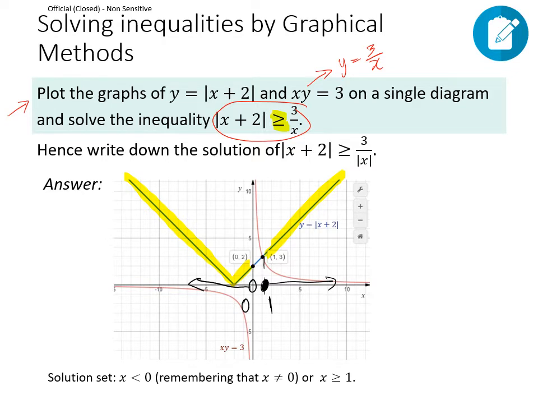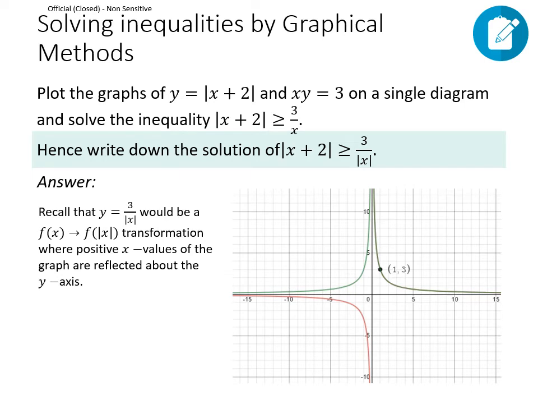So we also have to take note that because this involves a rational graph, it's always very important to check that the denominator is considered and it cannot equal 0. So that solution must be excluded.